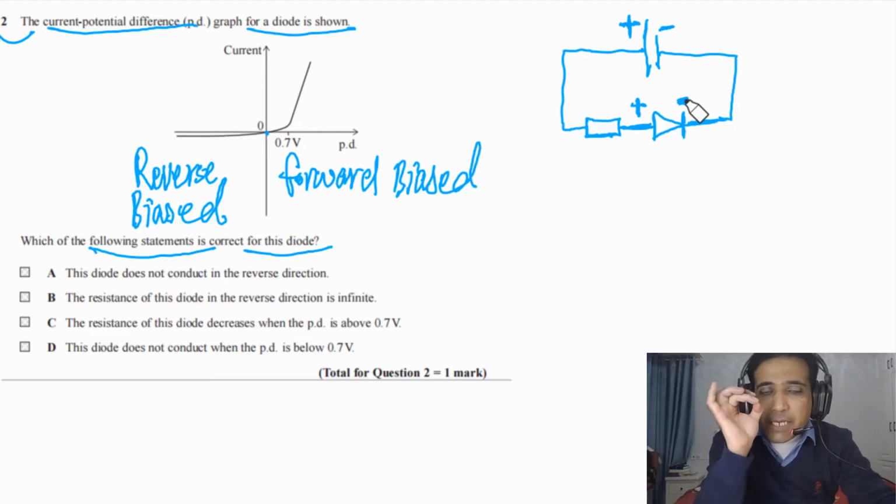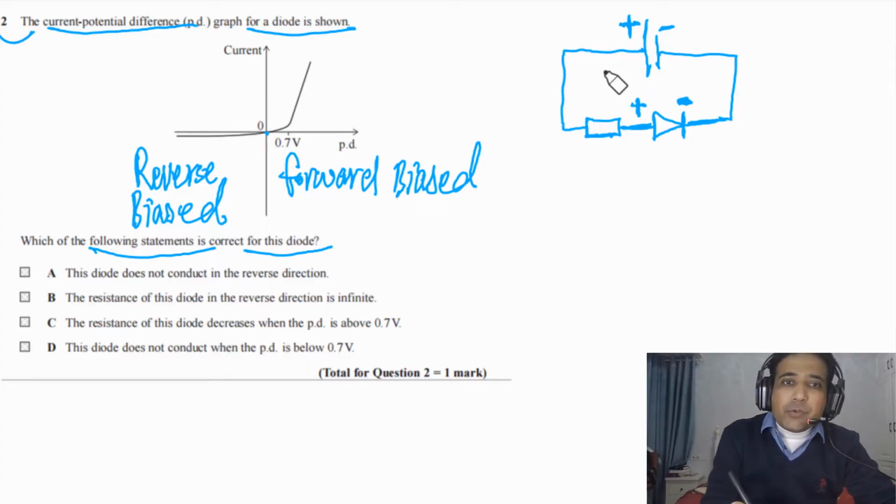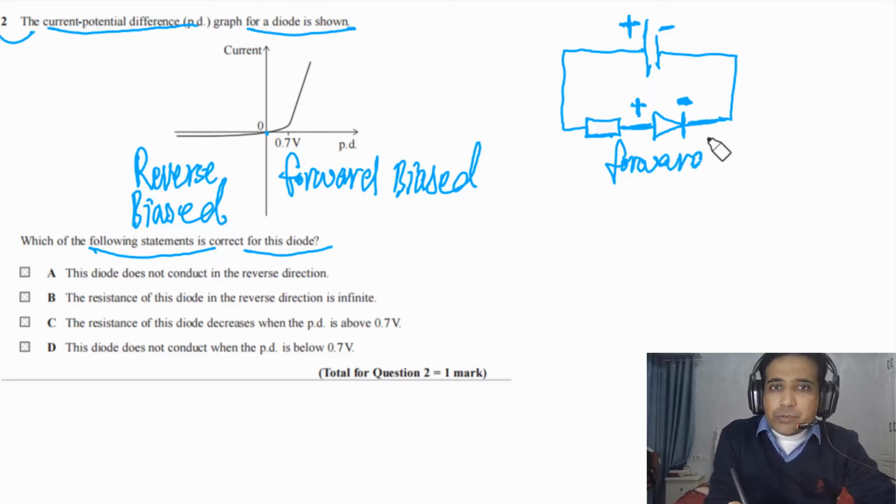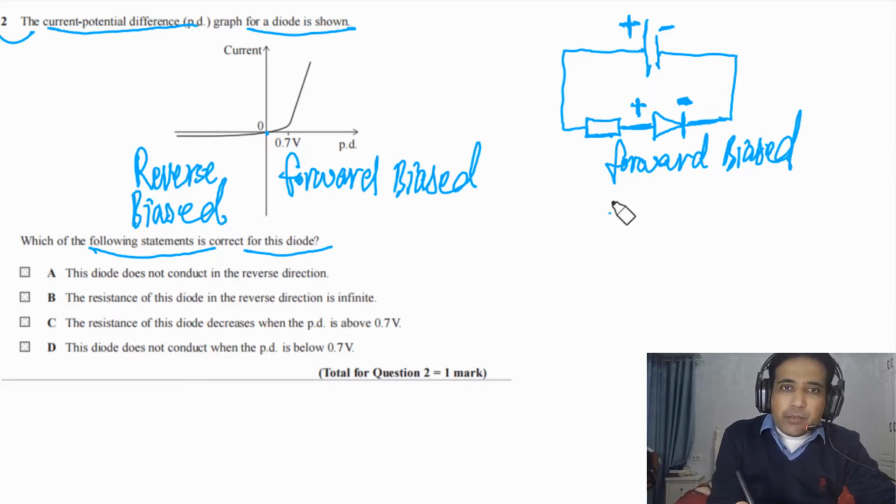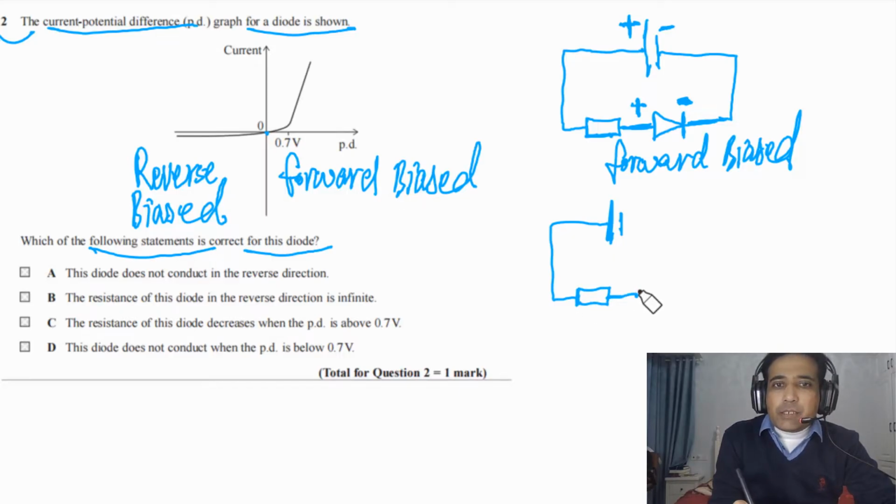So when we connect a diode in the circuit, this is how we need to connect it in forward biased. So this one is forward biased. We can also connect this one in reverse bias. Again we can connect one safety resistor here, and we can connect our diode in this direction.